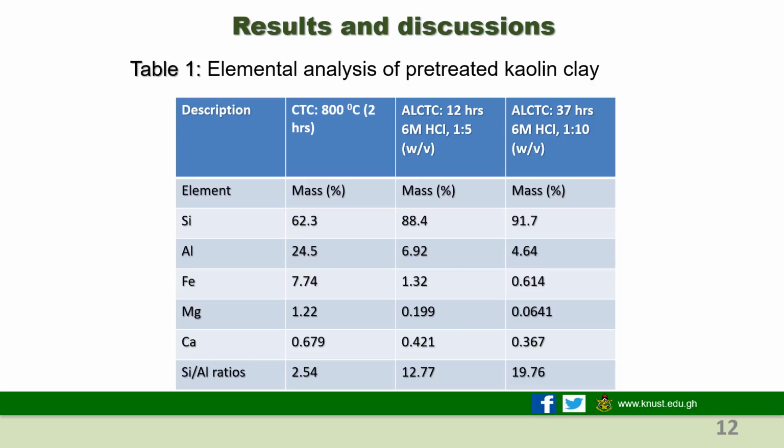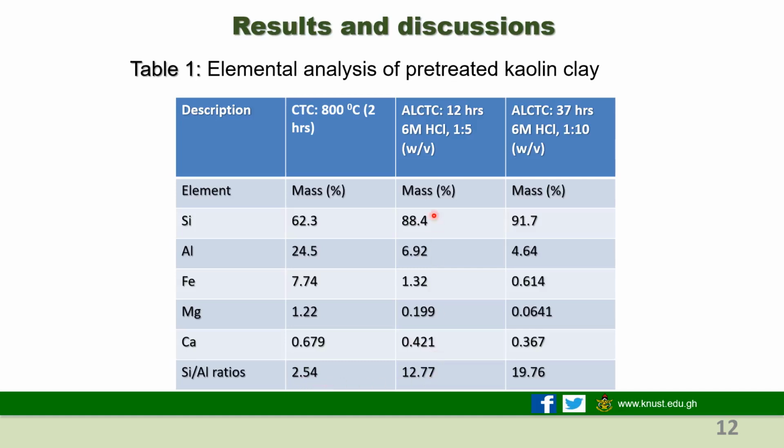Elemental analysis of the kaolin clay was conducted using X-ray fluorescence spectroscopy. The main elements which were observed were silicon, aluminium, iron, magnesium, and calcium. The silicon to aluminum ratio of the calcined clay was 2.54.